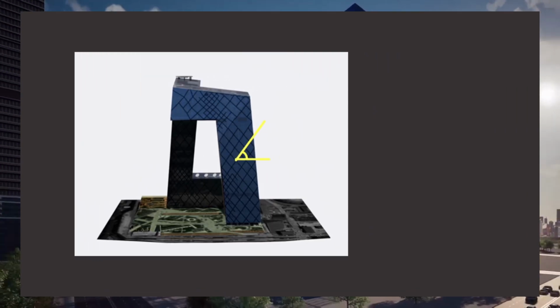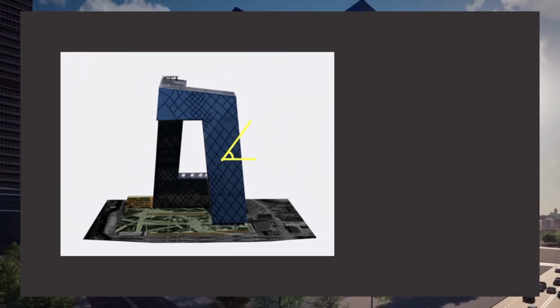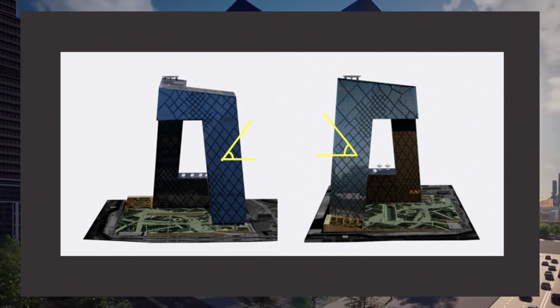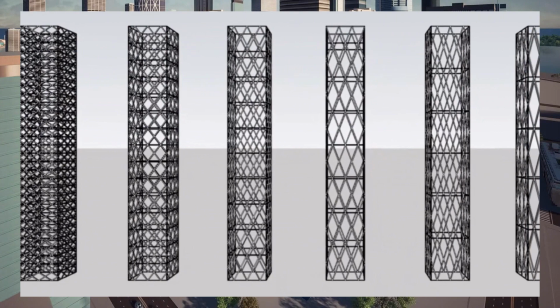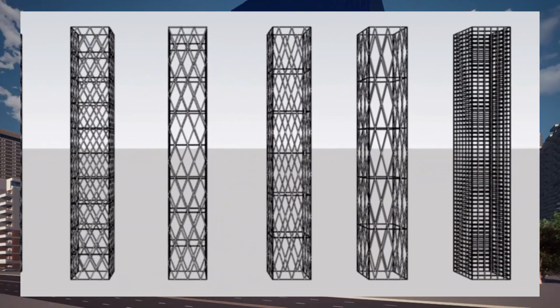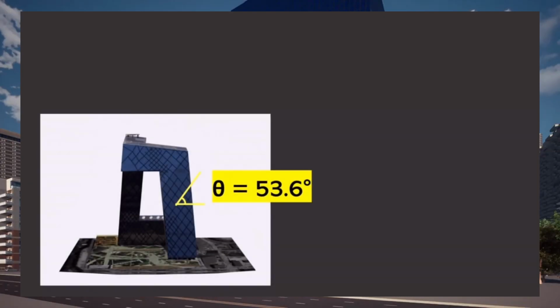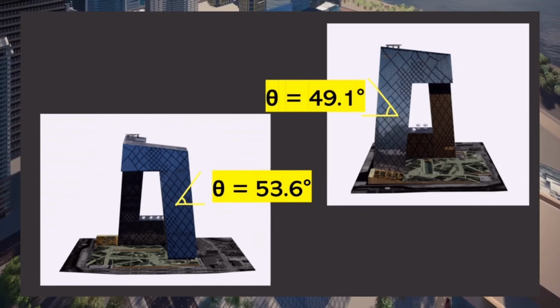This week, we predicted the optimal angle of the diamond grid applied to the CCTV headquarters tower parts through the principle and experiments of the diamond grid and confirmed that this prediction is actually correct.